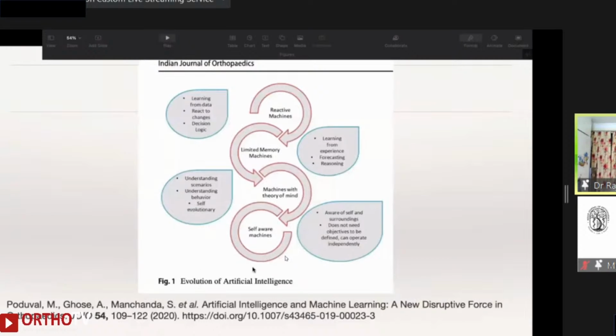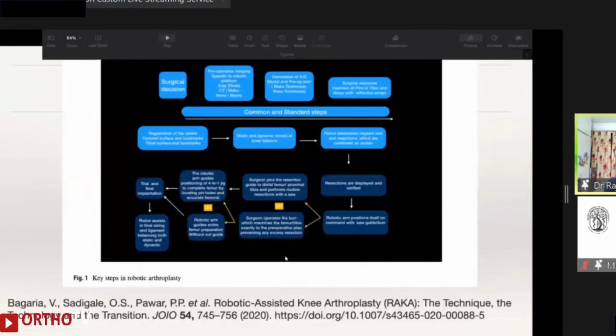Now here is an example of an illustration that talks about the evolution of artificial intelligence. This is such a simple diagram which tells you how AI has moved from reactive machine and will move to self-aware machine. Then what are the typical characteristics of each of these? So this is a kind of diagram which generally tends to grab attention and helps you understand without actually needing to refer to the text.